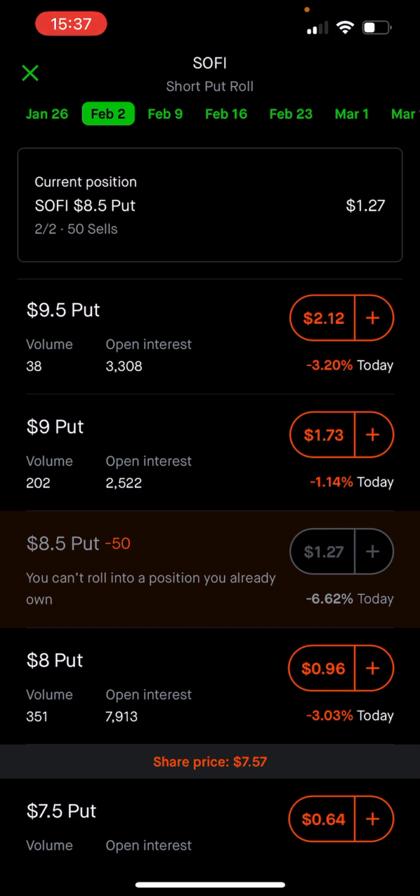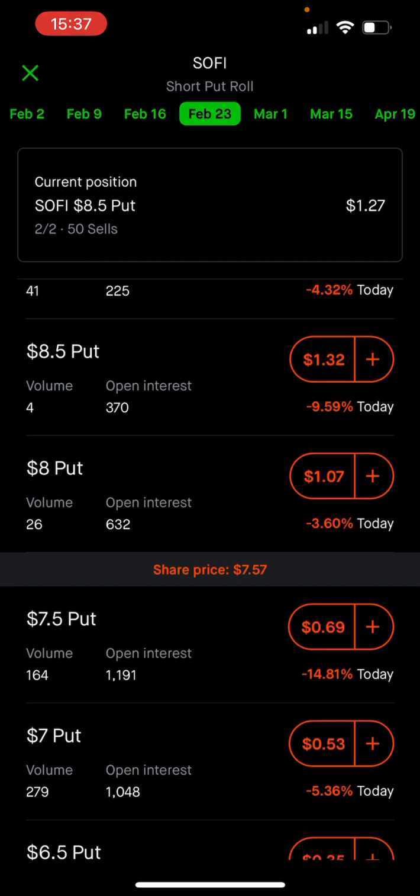So if I went ahead and looked at the 23rd, at the 8.5 put, so if I kept my strike price the same but just extended the time on it, they're going to pay me $1.32. So they're going to basically bill me the $1.27 but pay me the $1.32. So I'm going to be making 5 cents per contract off of this.